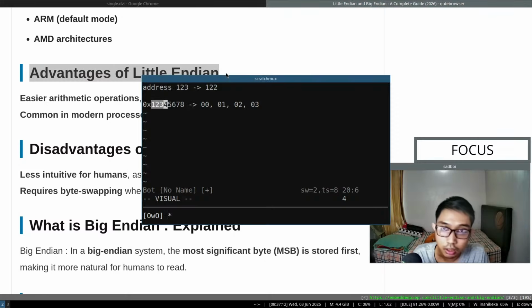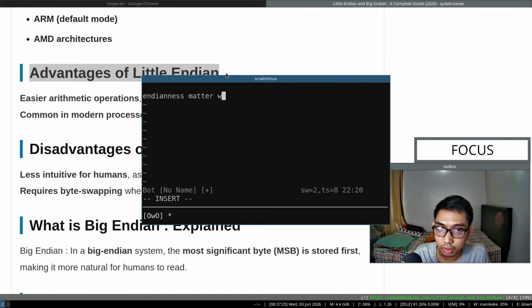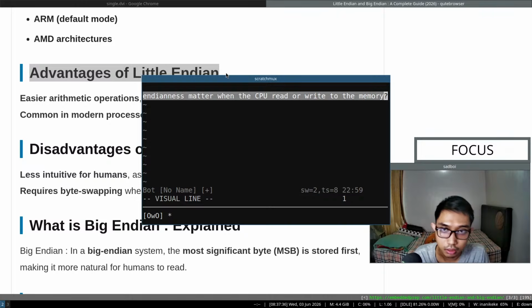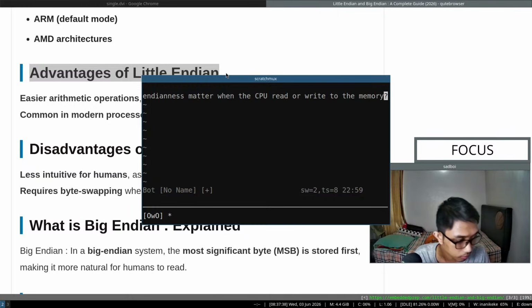So endianness matters when the CPU reads or writes to the memory, maybe something like this. So it only matters when reading or writing to the memory.